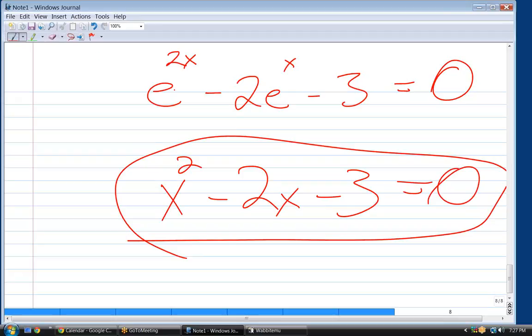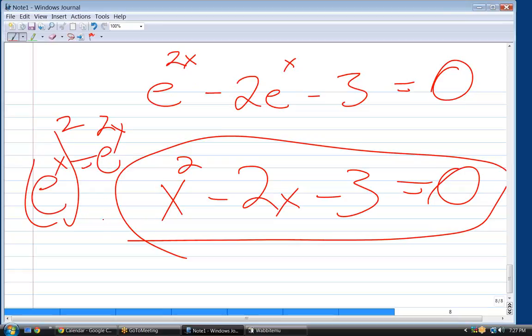Yeah. Well, notice that this is a quadratic because the first term is the square of the middle term. If you square e to the x, you get e to the 2x.